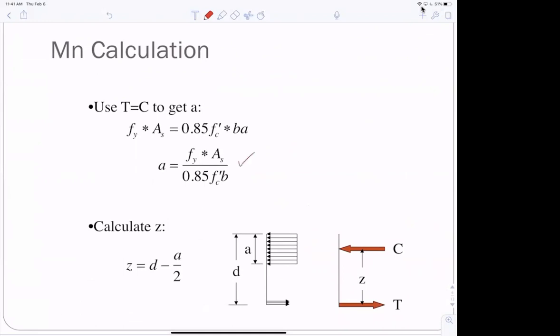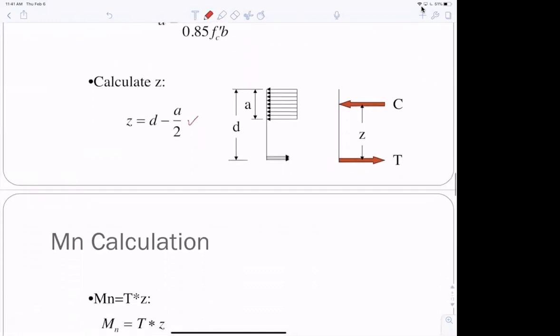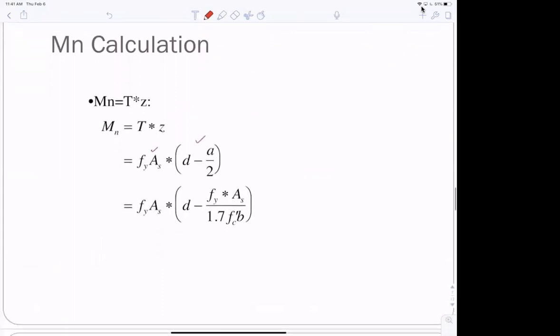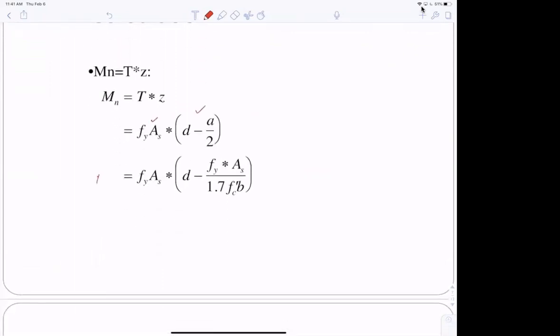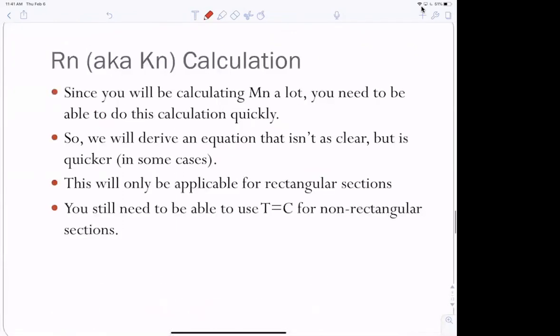We did that last time. We did Z was d minus a over 2. And then finally, we had Mn equals T times Z. So there's T, Z. And we derived this equation last time. And it's very useful. It's something you can put in your calculator or Excel. But we're going to non-dimensionalize that.